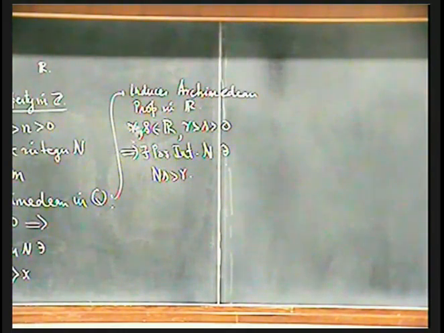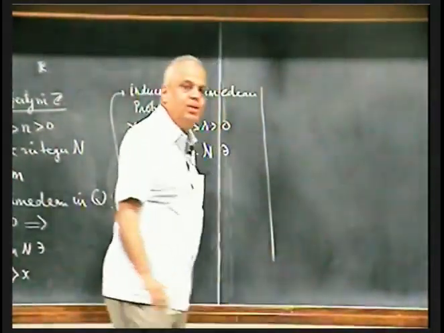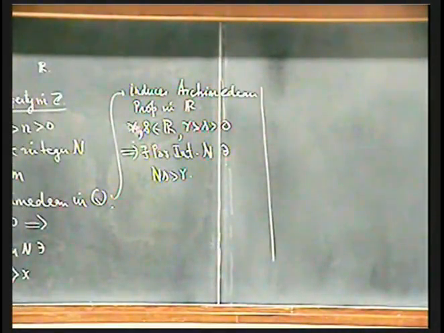If you take a sufficient number of drops of water, it will beat the ocean. That's what the theorem is. That's what the Archimedean property is. So once you have Archimedes, you have to talk something about water. All right, so far so good.